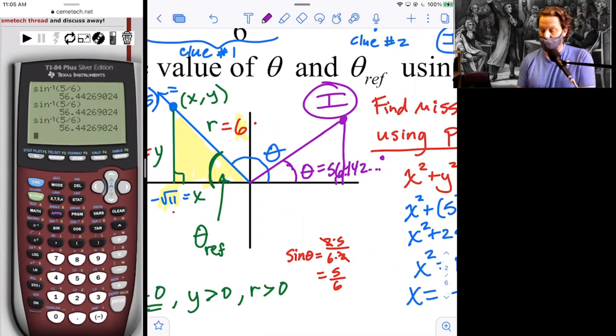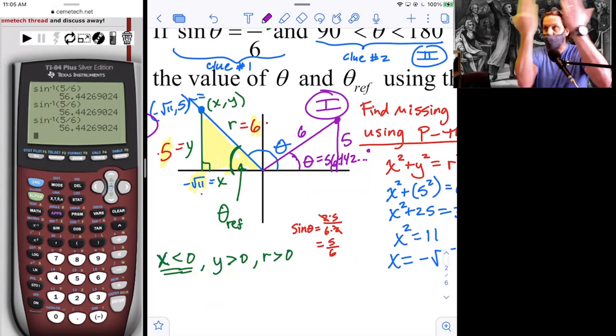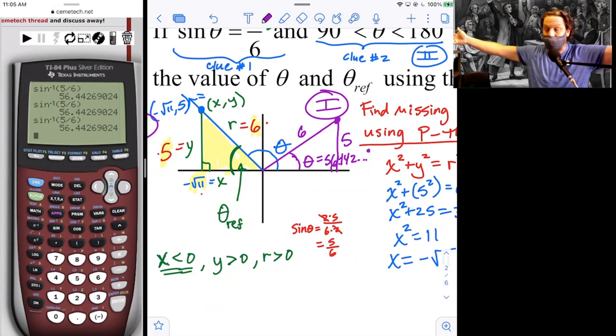But notice, this is what's true. This must be 5, and this must be 6 in this other bizarro reference triangle, yes? Those two triangles now that I drew in quadrant 1 and 2, guess what? They're not just similar to each other, they're the same actually, right?